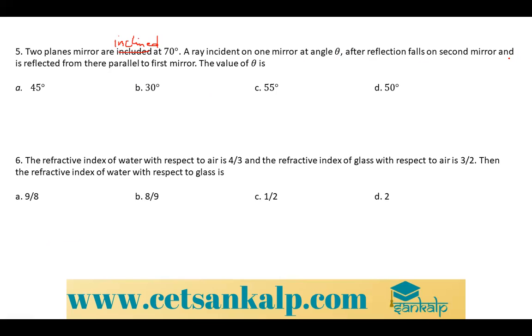The value of theta? ಸೊ ಈಗ ಡಯಾಗ್ರಾಮ್ ನೋಡ್ಕೊಳ್ಳಿ, ಒಂದು ಪ್ಲೇನ್ ಹಿಂಗಿದೆ, ಒಂದು ಮಿರರ್ ಹಿಂಗಿದೆ, ಇನ್ನೊಂದು ಮಿರರ್ ಹಿಂಗಿದೆ. ಸೊ ರೇ ಏನಾಗ್ತಾ ಇದೆ, ರೇ ಬಂದು ಹಿಂಗೆ ಹಿಟ್ ಆಗ್ತಾ ಇದೆ, ಹಿಟ್ಟಾಗಿ ಹಿಂಗ್ ಹೋಗ್ತಾ ಇದೆ, ನೆಕ್ಸ್ಟ್ ಹಿಂಗ್ ಹೋಗ್ತಾ ಇದೆ ಪ್ಯಾರಲಲ್ ಟು ದಿಸ್.